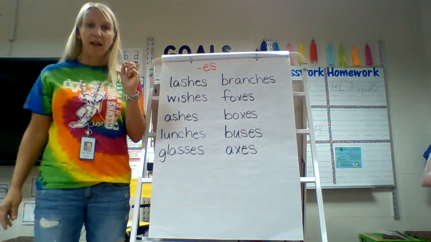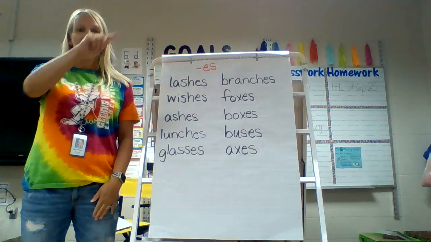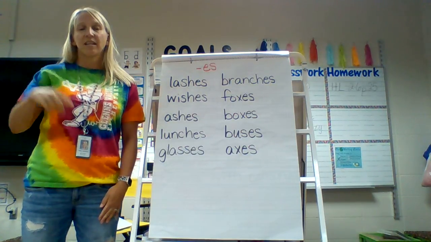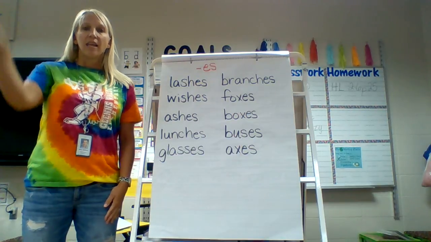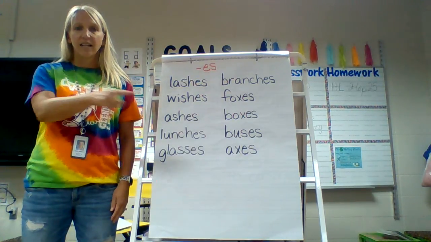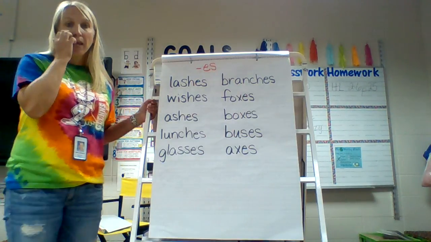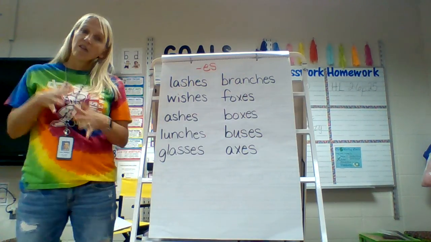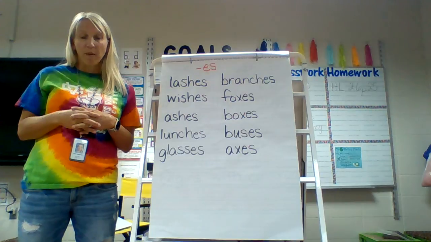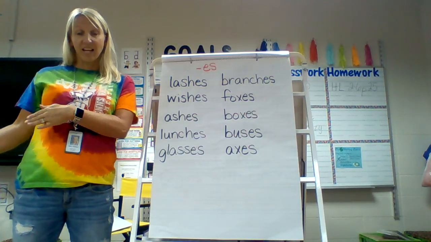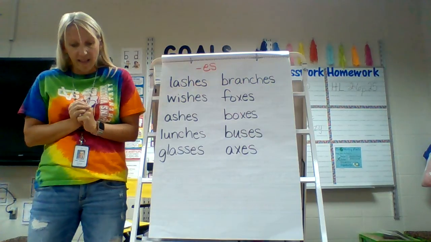Okay, so let's skywrite that. Es says is. Es says is. Es says is. And it means more than one. Okay, we have a little song dance type thing to help us remember when we use es instead of just s. And it goes like this.